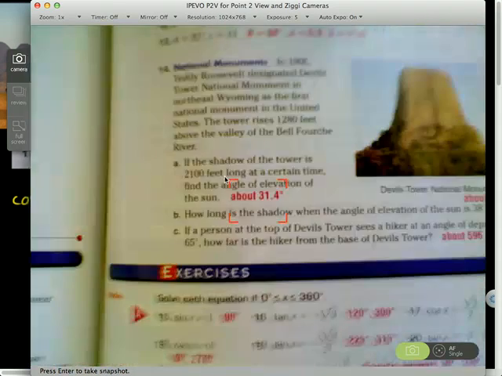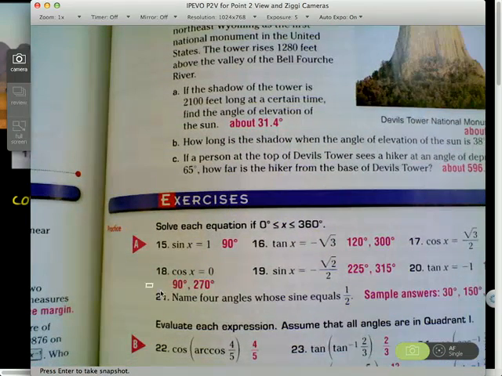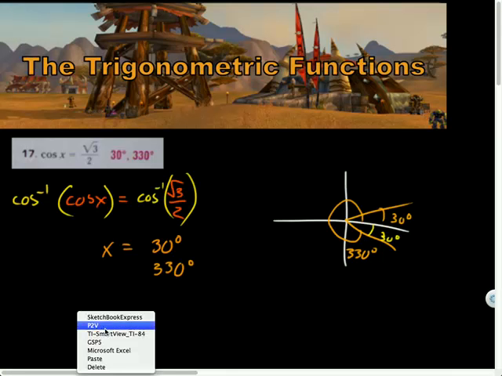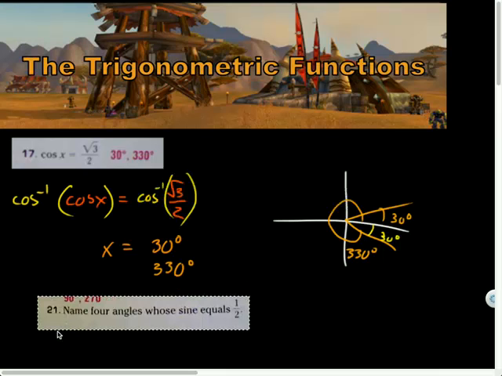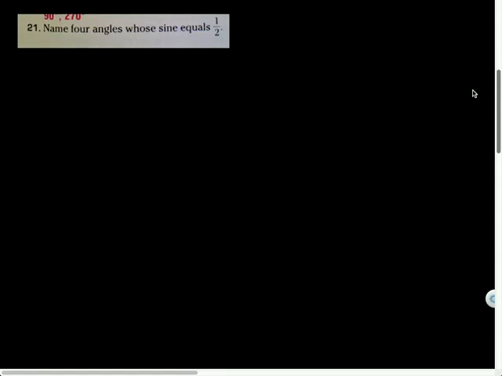Let's see if I can get some non-blurry images here. And 21 I hear is interesting. Name 4 angles whose sine equals 1/2. And here we go. So what does this look like? This is sine of whatever angle this is equals 1/2.